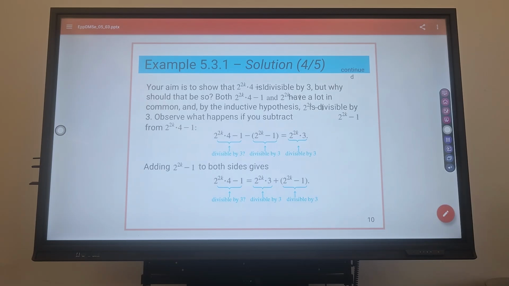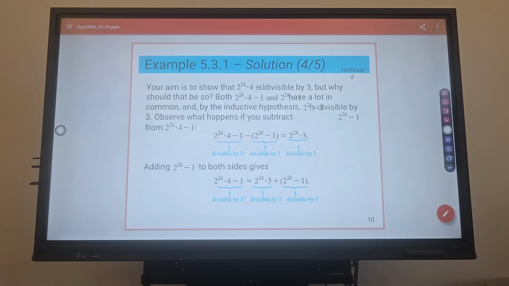Now, your aim is to show that 2^(2k) times 4 minus 1 is divisible by 3. But why should that be so? Both 2^(2k) times 4 minus 1 and 2^(2k) minus 1 have a lot in common, but by the inductive hypothesis, 2^(2k) minus 1 is divisible by 3.